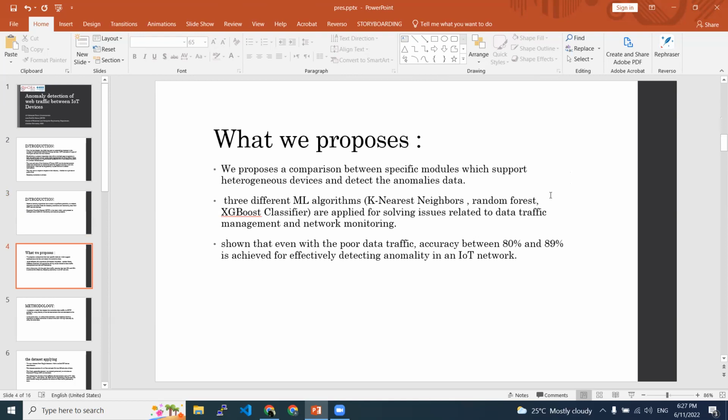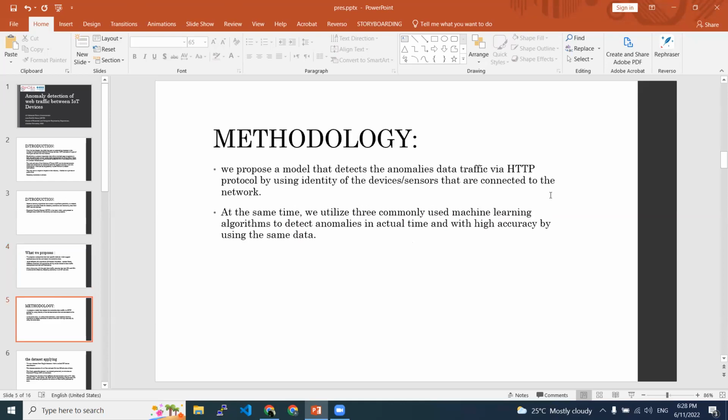Three different machine learning algorithms have been used: K-nearest neighbors, random forest, and XGBoost classifier, applied for solving issues related to data traffic management and network monitoring, showing that even with poor data traffic, accuracy between 80 and 90% is achieved for efficiently detecting anomalies in IoT networks.